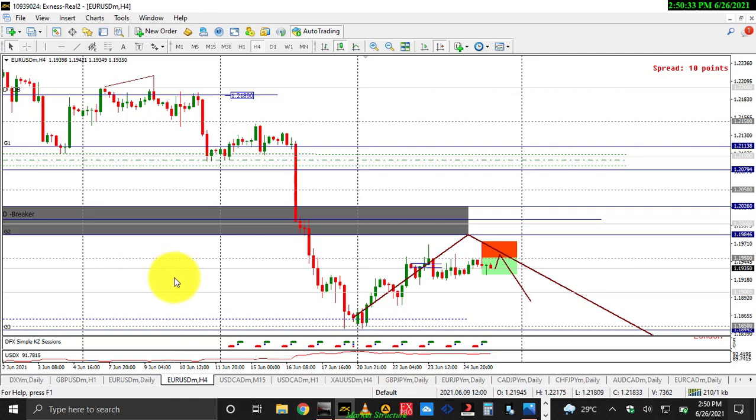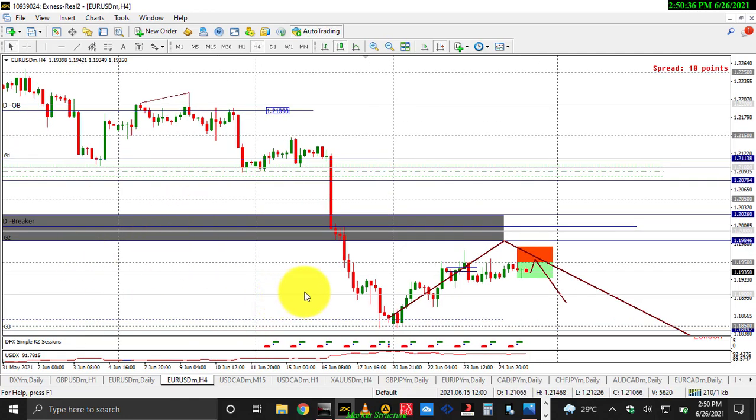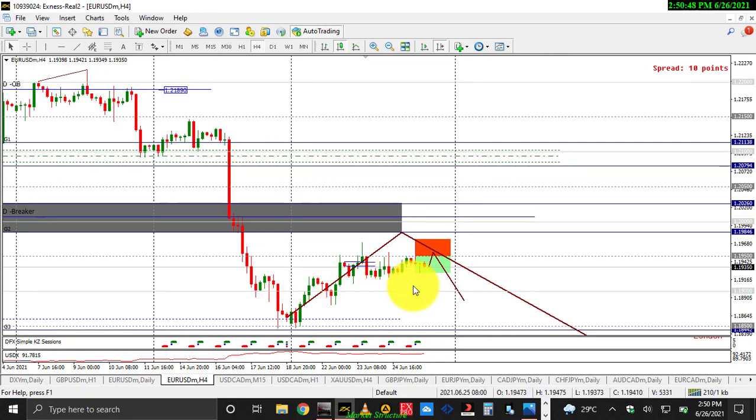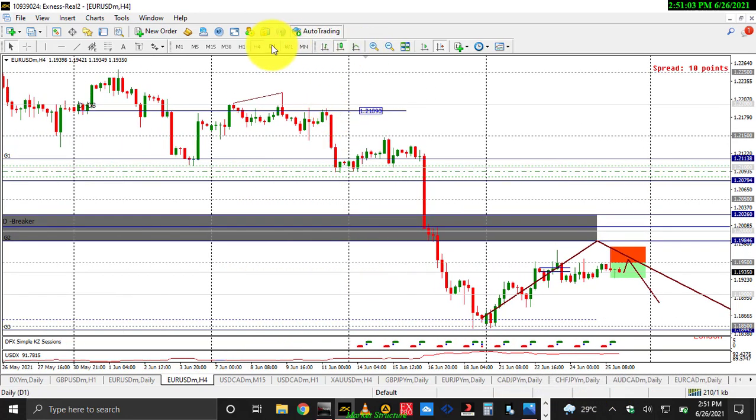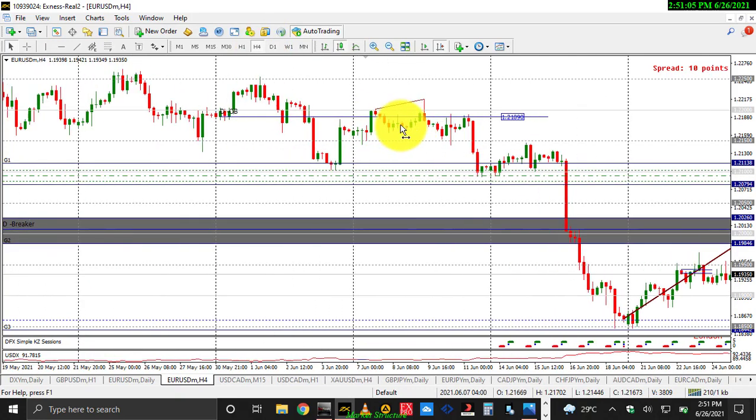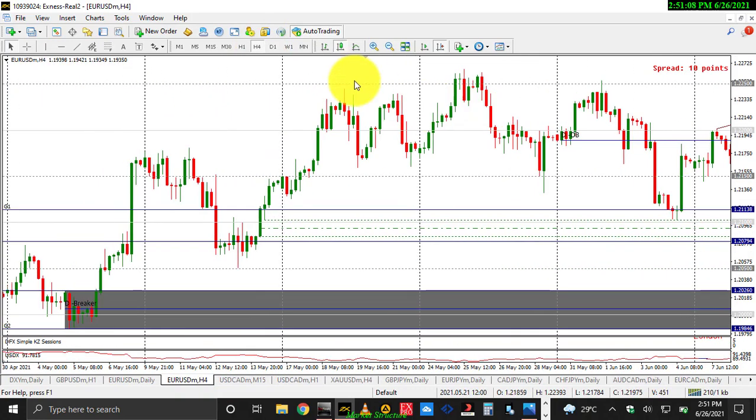Usually my most traded pair is the USD, and I've tried to add the USD card to it, and I'm also trying to get a new strategy for my swing trades. That's why you see all these pairs open over here. I will use one of these pairs to explain market structure, but let's first start with the pair I mostly trade, which is the EURUSD.